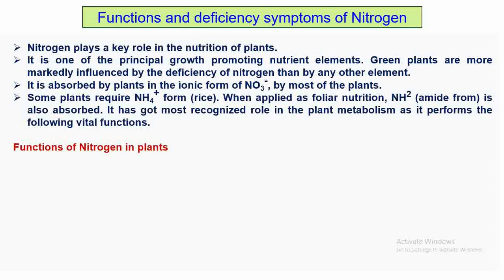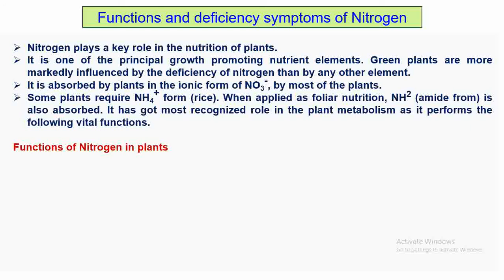Function and deficiency symptoms of nitrogen. Nitrogen plays an important role in the nutrition of the plant. It is one of the principal growth promoting nutrient elements. Green plants are markedly influenced by the deficiency of nitrogen.